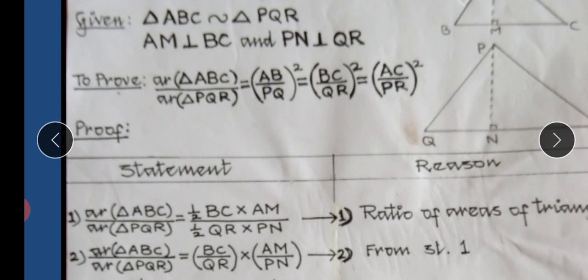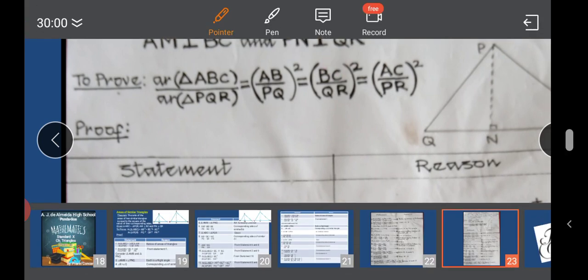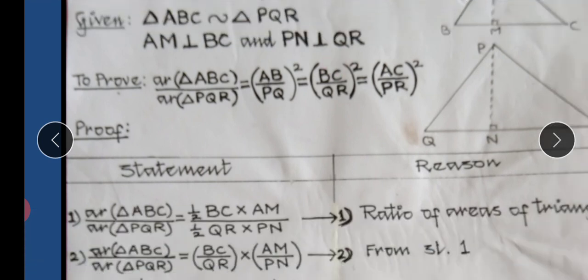Area triangle ABC upon area triangle PQR is equal to BC upon QR into AM upon PN. And what we want is here, that is BC upon QR whole square. So if you replace AM upon PN by BC upon QR, you will get BC upon QR square.